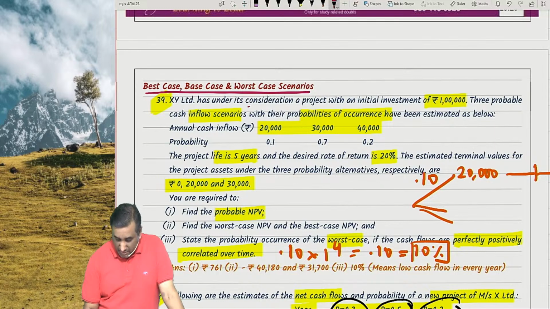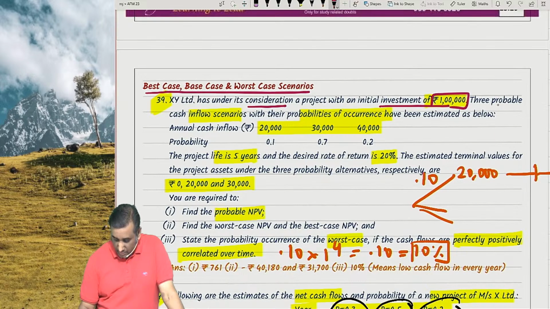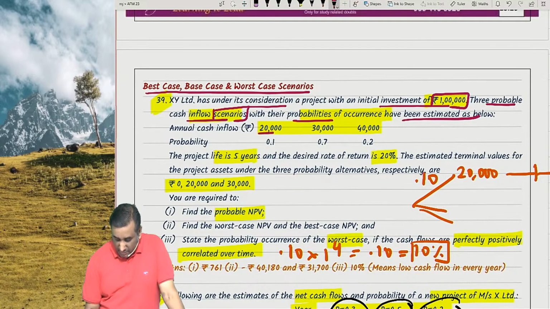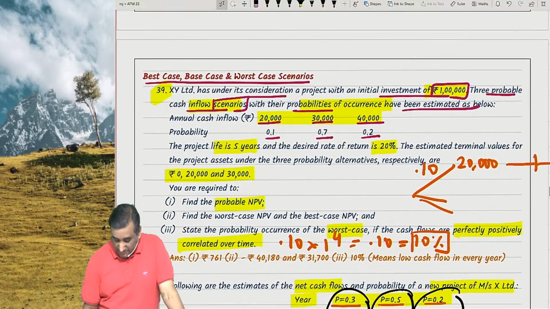XY Limited is considering a project with an initial investment of 1 lakh. 3 probable cash inflow scenarios with their probabilities of occurrence have been estimated: 20,000 inflow, 10% chance; 30,000 inflow, 70% chance; 40,000 inflow, 20% chance. Project life is 5 years and the desired rate of return is 20%.